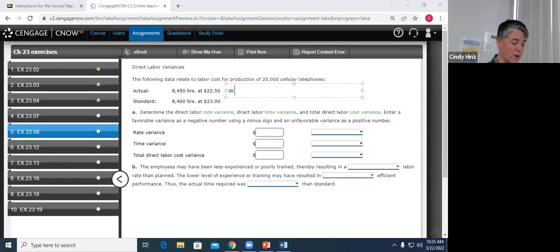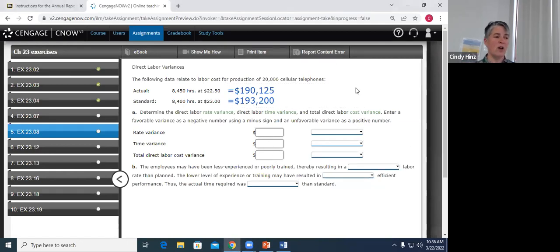So the actual costs, 8,450 hours at $22.50 an hour. Our actual costs were $190,125. How much we thought we would spend on direct labor, $193,200.